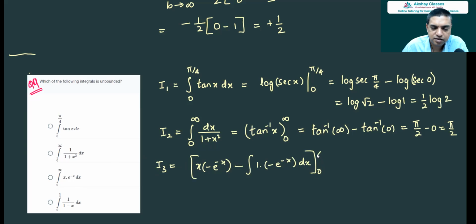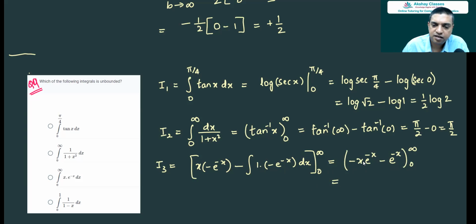Applying the limits at the end, we have minus x e power minus x plus integral of e power minus x, which is e power minus x into minus 1. So you get a minus sign here, from 0 to infinity.